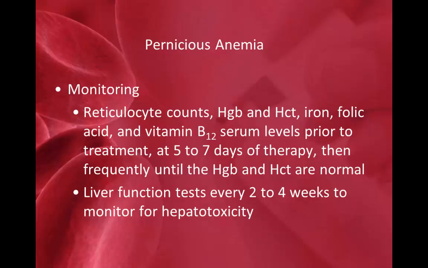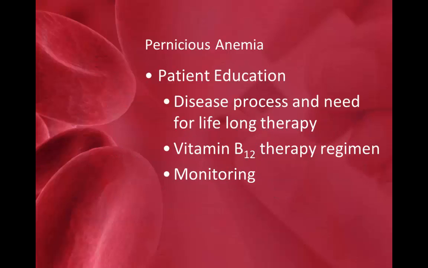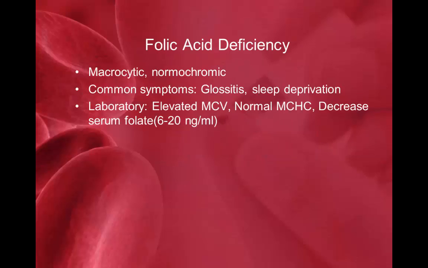Most likely the treatment will be combined, so vitamin B12 and folic acid. You must also do liver function tests every 2 to 4 weeks because this vitamin B12 could be hepatotoxic. So basically, teach the patients that this disease process is lifelong. It doesn't replenish right away, and monitor what I just said.